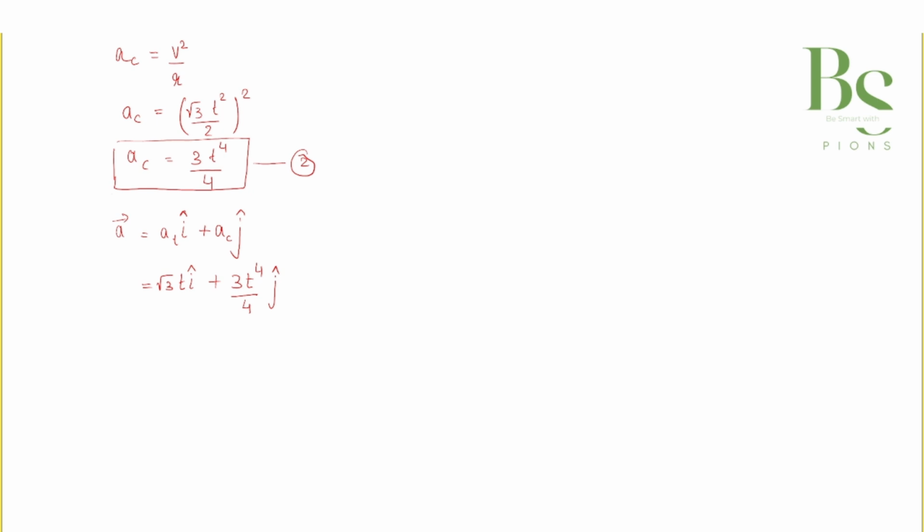Now, velocity is always along the direction of tangential acceleration, because that's why we found the centripetal acceleration. That's how we found it, right? So, let me write here, velocity is always in the direction of tangential acceleration.